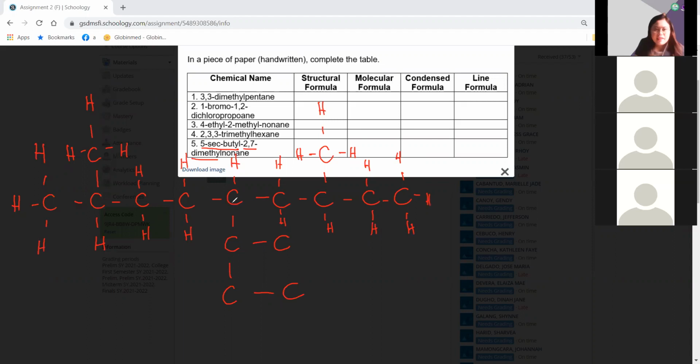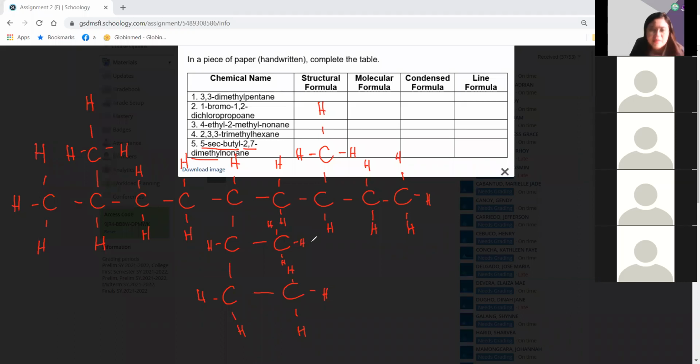And then dito sa baba, hindi pa pala ako tapos. 1, 2, 3. So kulang ito ng hydrogen. Ito kulang ng 2. Ito kulang ng 3. Daghan. And this one, wala na ko space. Kulang pa ni siya 3. Dito ko na lang ilagay ha. Wala na ko space.